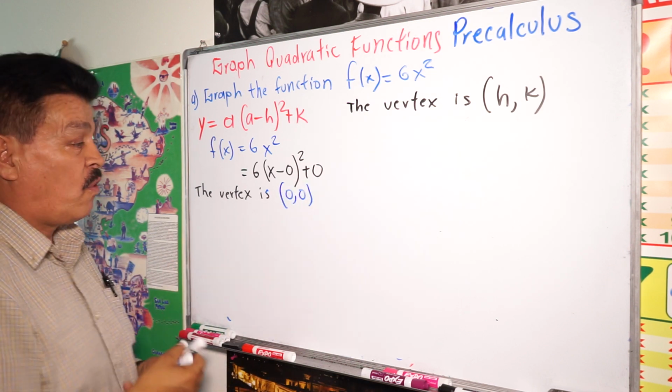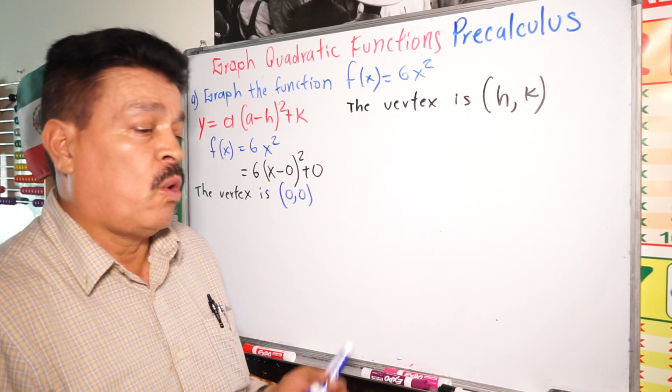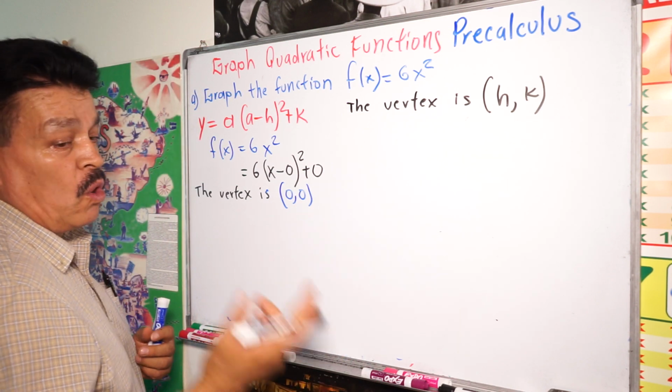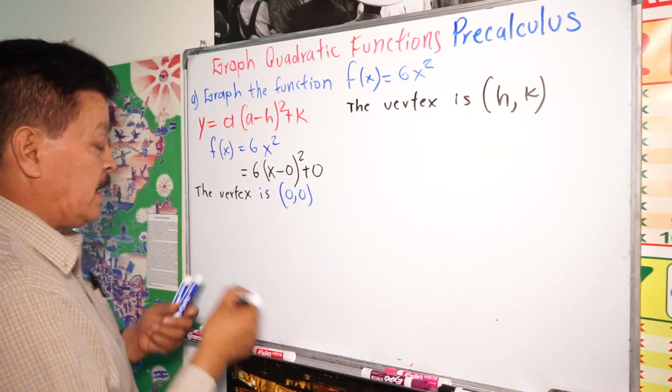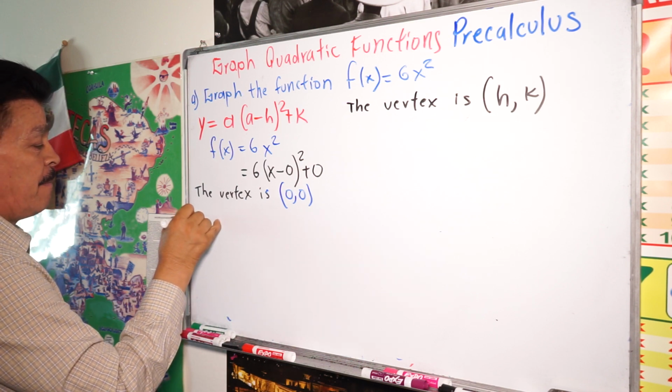Now look for another point on the parabola that has integer coordinates. For example, one such point is here.